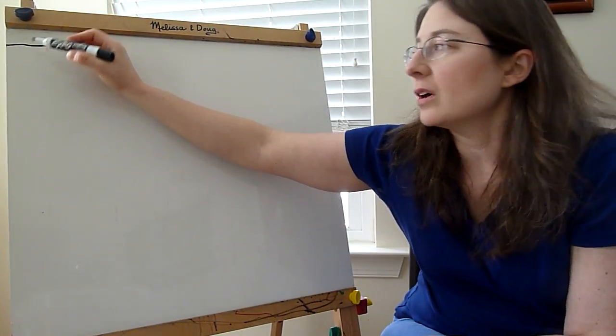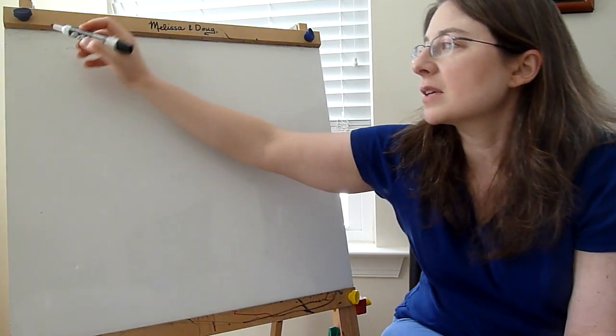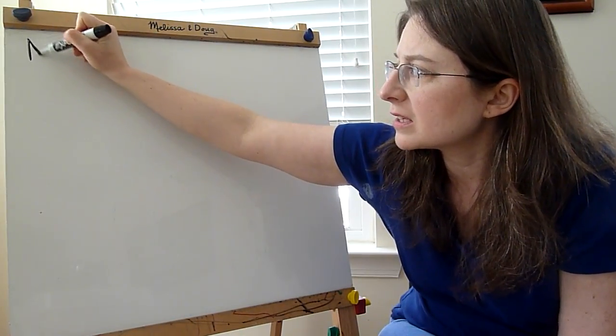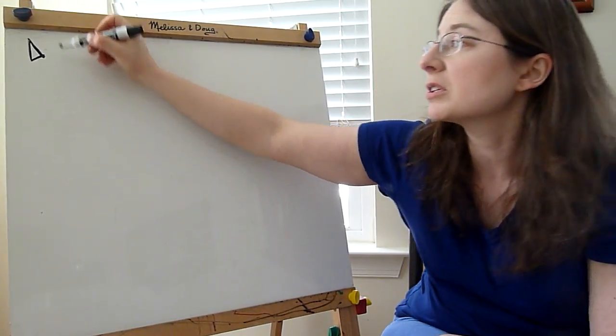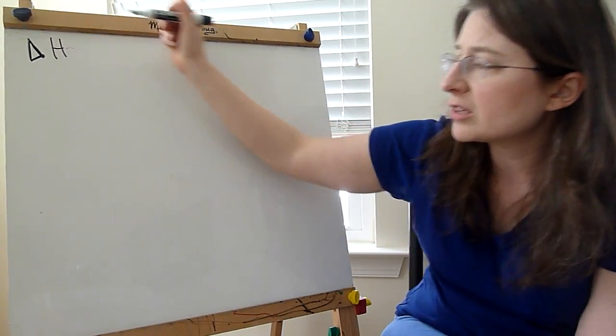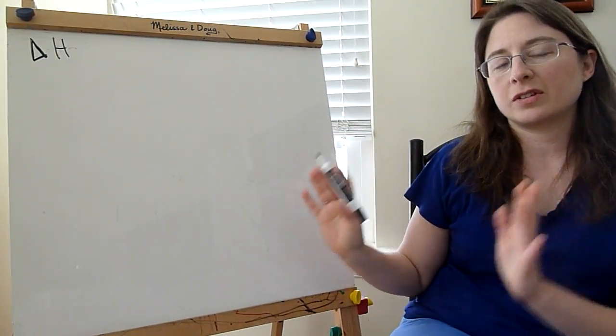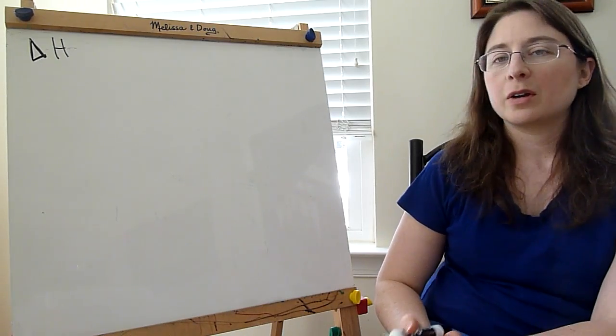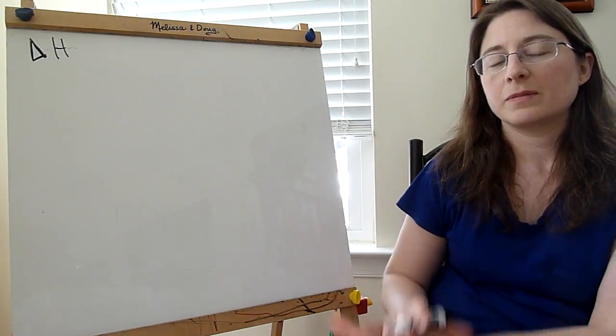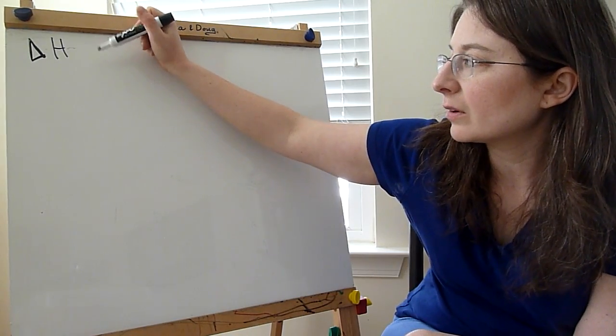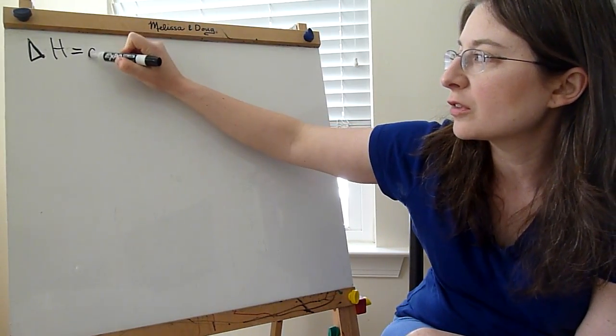So as probably a lot of you know from some of the other things we've done, like we've looked at delta T, which always means change in temperature. Delta H is going to mean change in enthalpy. H is always the variable that we use to denote enthalpy. Okay, so delta H, change in enthalpy.